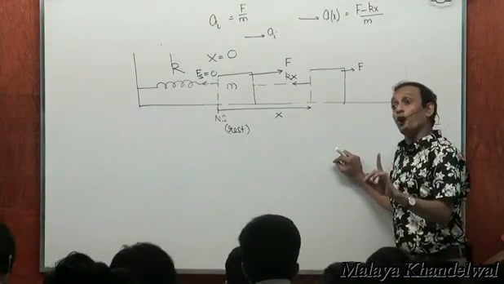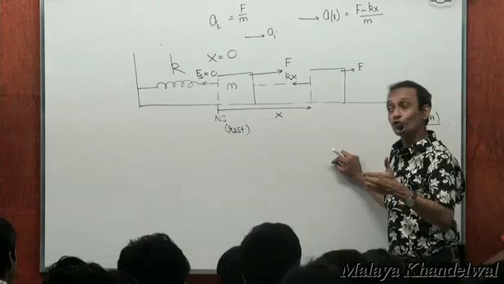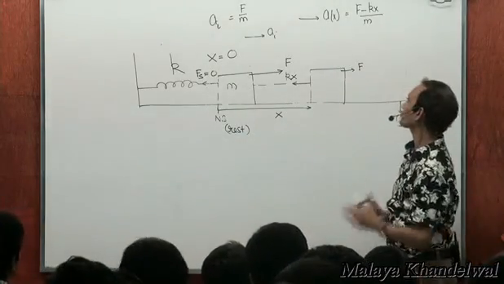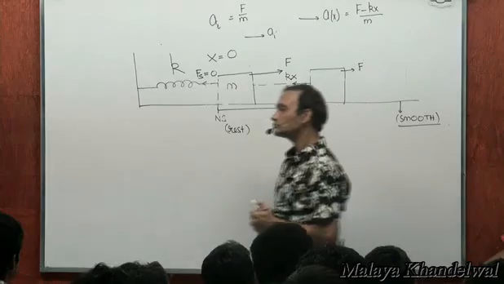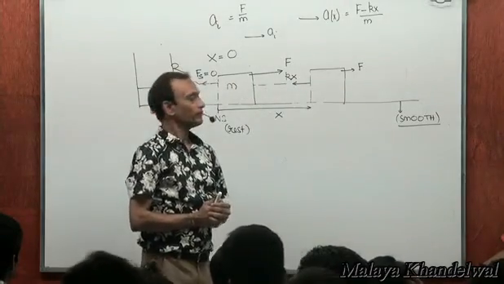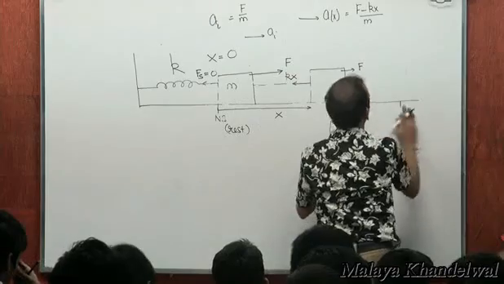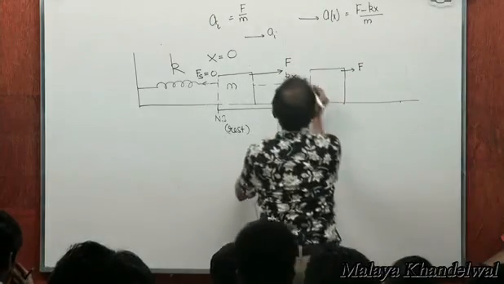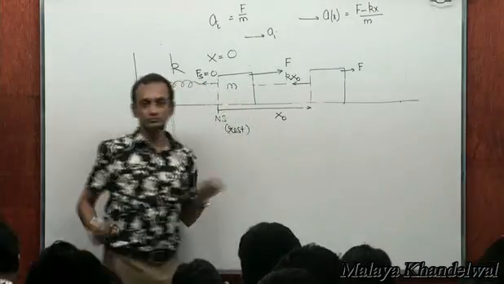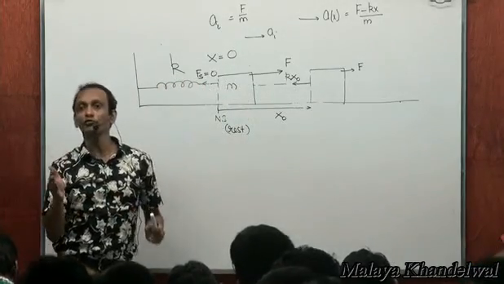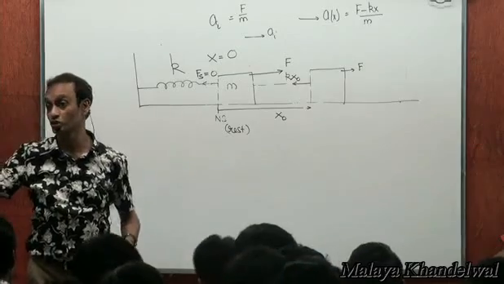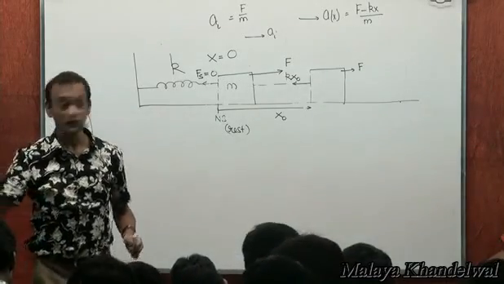So the body continues to move to the right with increasing velocity. At some point, say x equal to x naught, the spring force manages to be exactly equal to the externally applied force, right?